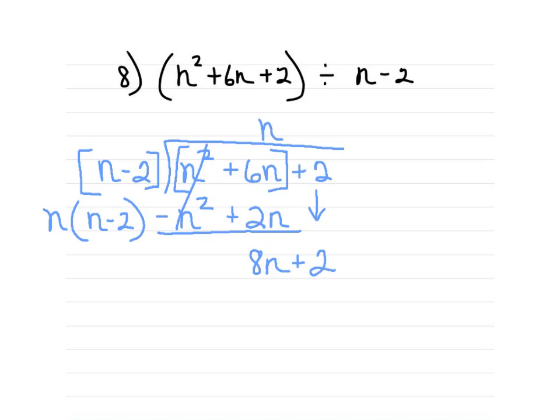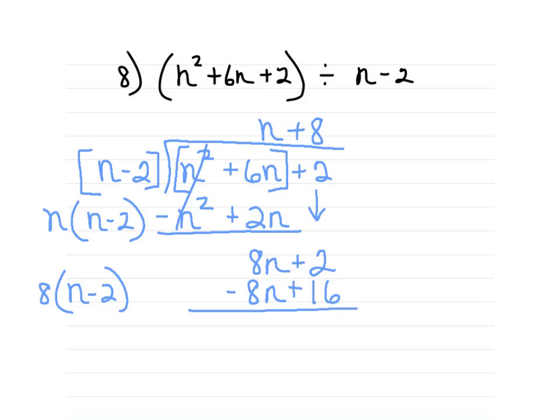Now I ask myself again, how many times does n go into 8n? And it's positive 8 times. All right, let's multiply. 8 times n minus 2. Distribute and have 8n minus 16 because I'm subtracting. Change all the signs. 8n and 8n cancel out.